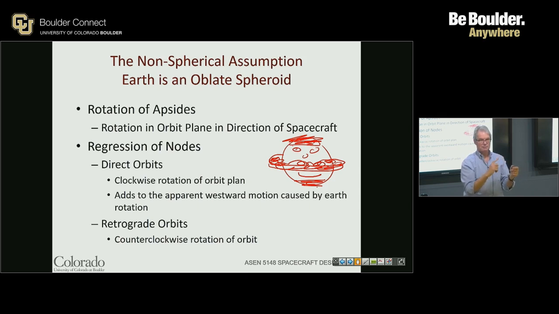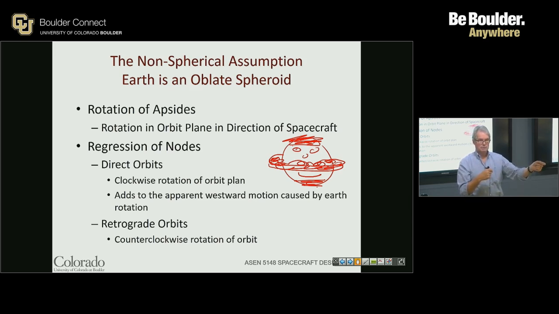A second effect we get out of the bulge in a planet is that because I've got an angular momentum system sitting around a planet that's asymmetrical, that's trying to torque my orbital plane. Those little bits of torque, every time the spacecraft goes over the Earth, get added to the primary angular momentum vector and essentially precess or pull that angular momentum vector around the Earth, the body that it's over.